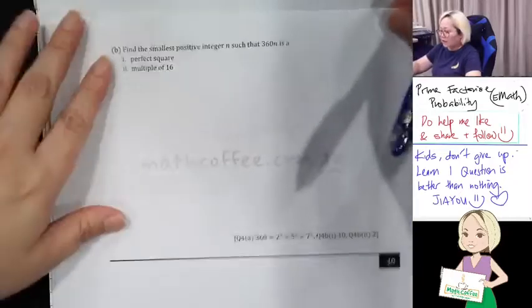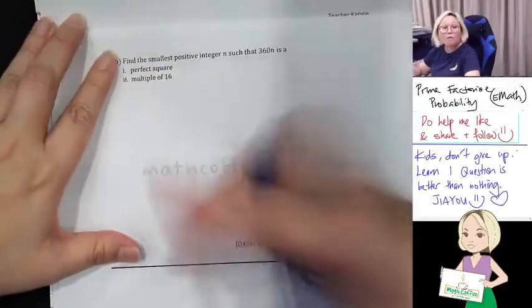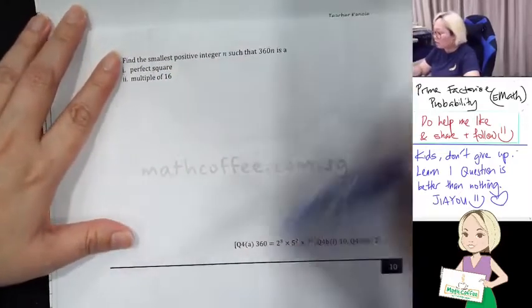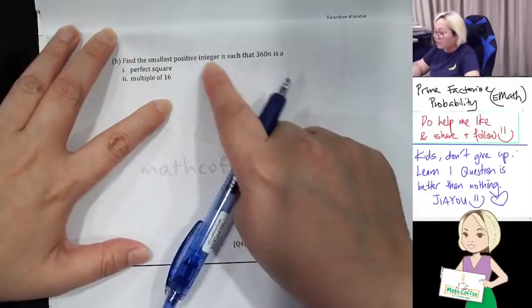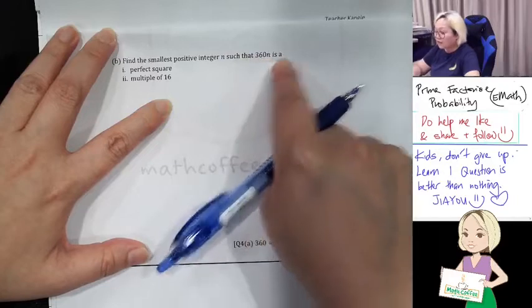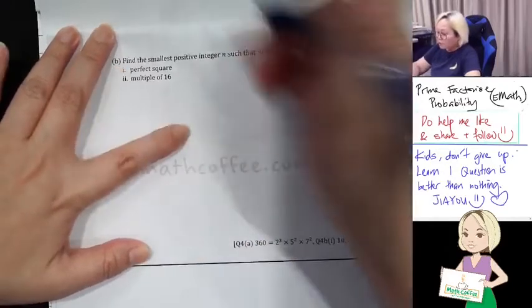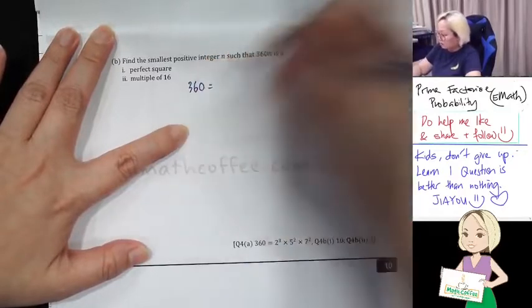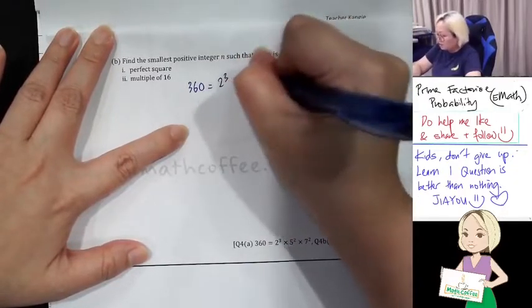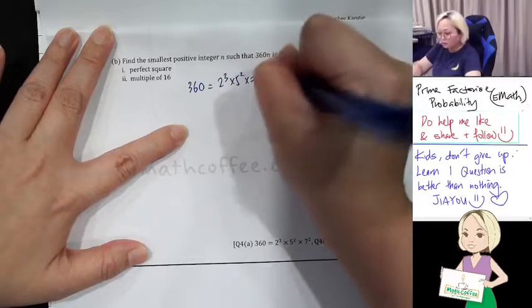But now, they say, find the smallest... this is a common question that they always ask. Find the smallest positive integer n such that 360n is a perfect square. So they're going to use 360, right? So I'm going to list down my 360 prime factorization, which is 2, 3, 5... Is it?